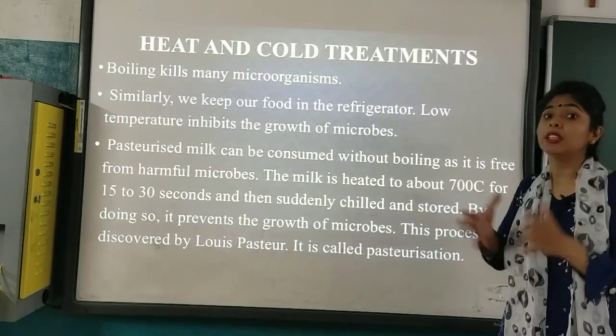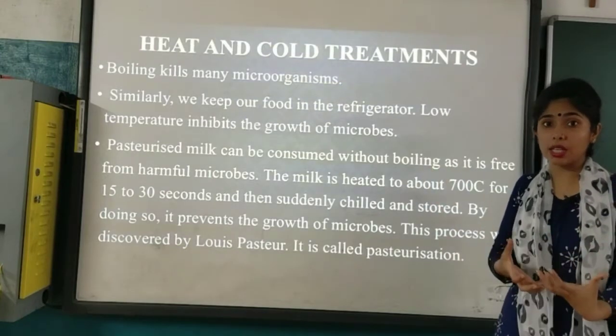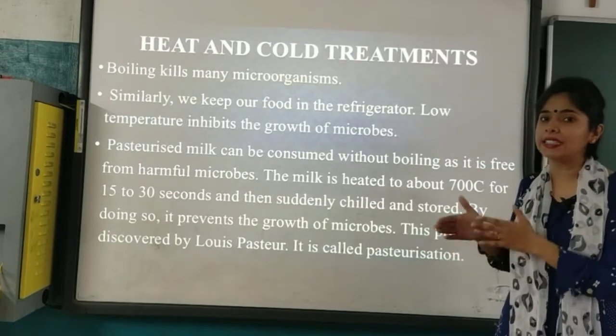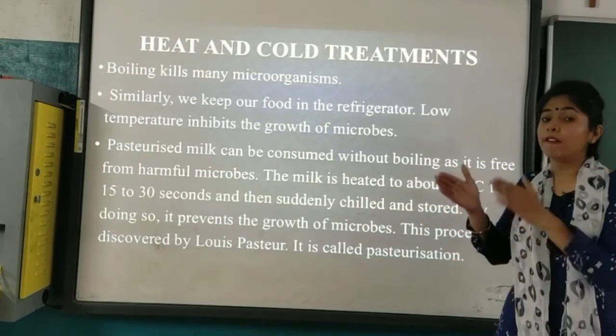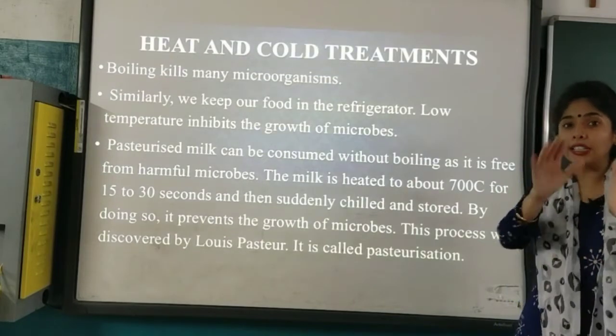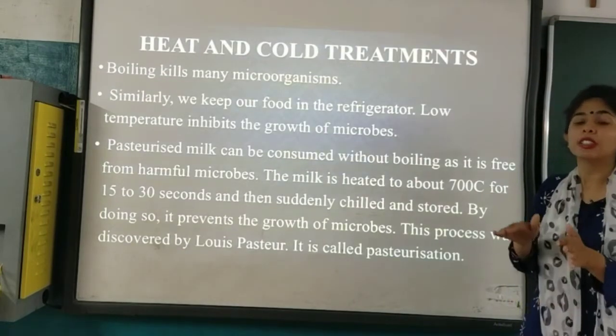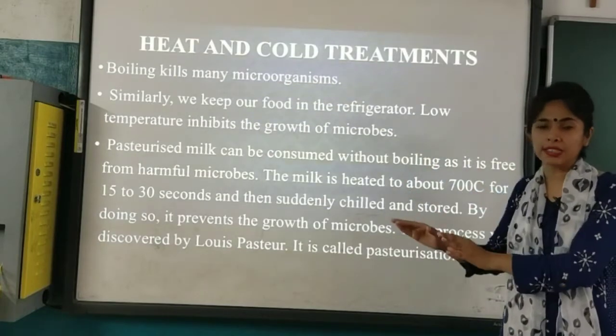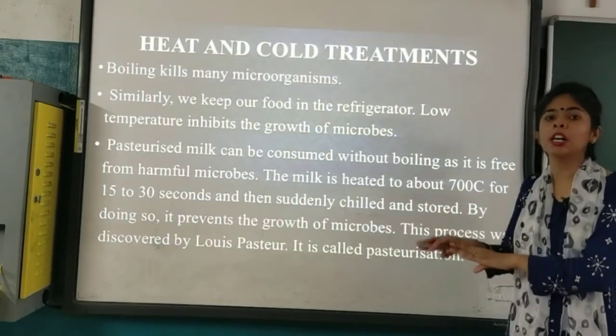The milk is boiled at 700 degrees Celsius for 15 to 30 seconds. Okay, and suddenly it is turned to the cooling temperature. It is set to the coolest temperature to cool the milk.